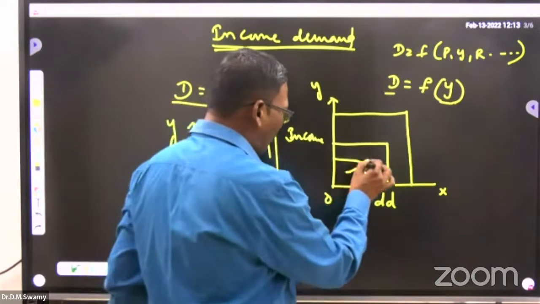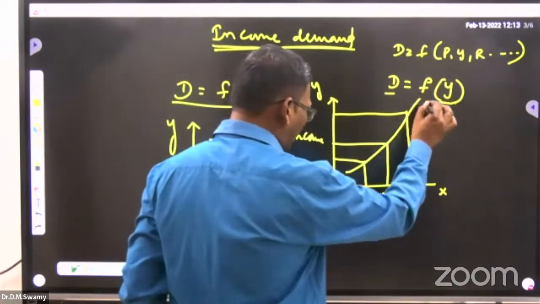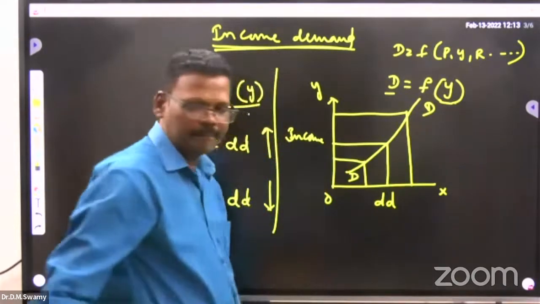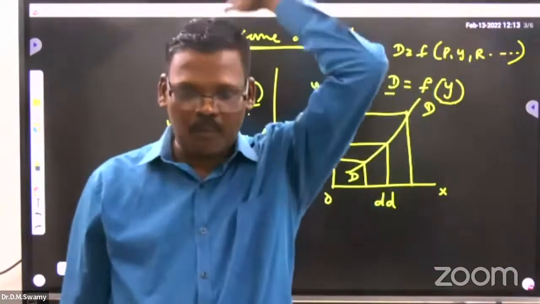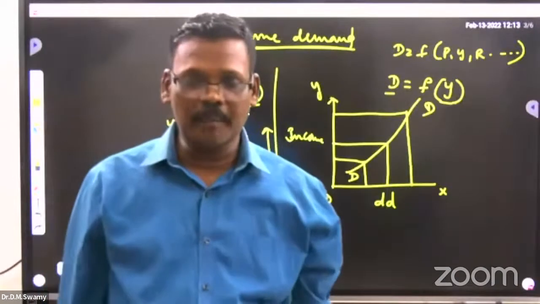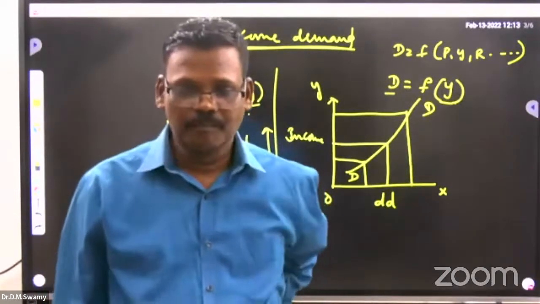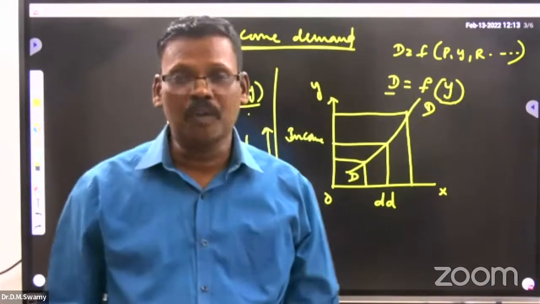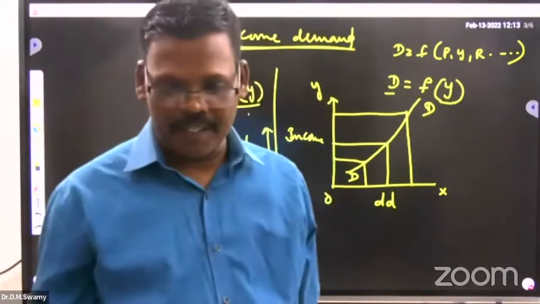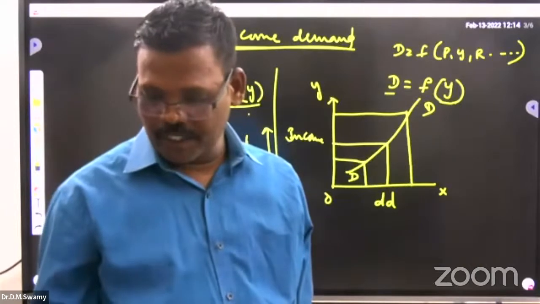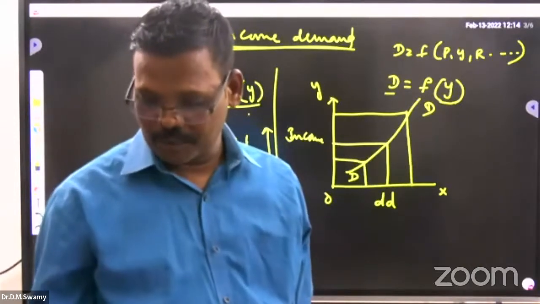If we add all these points, this is called the income demand curve. The income demand curve slope will be an upward slope. Like this, the income demand is explained in the concept.